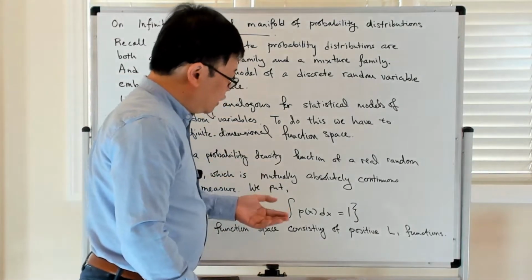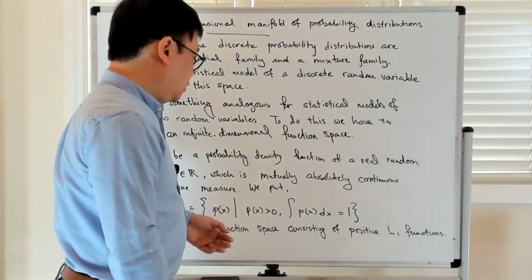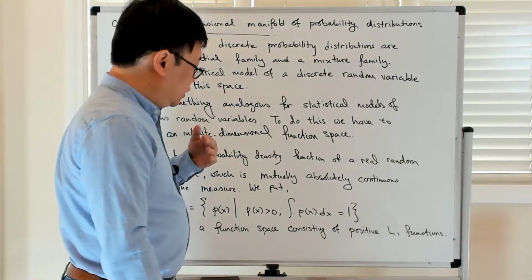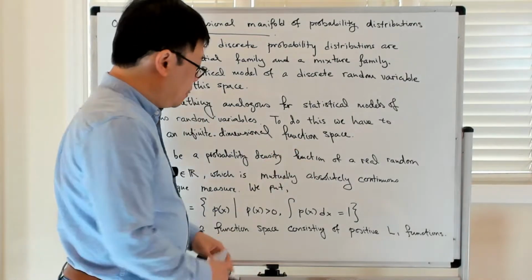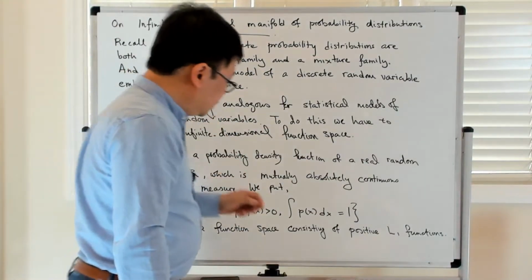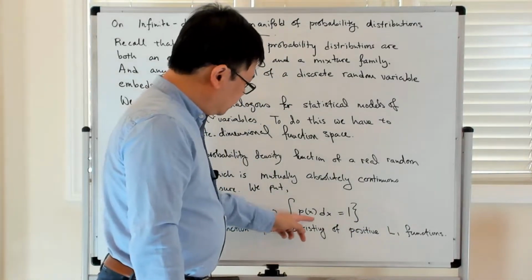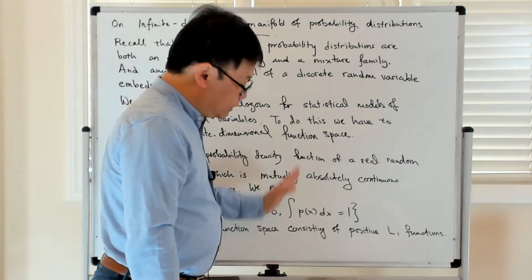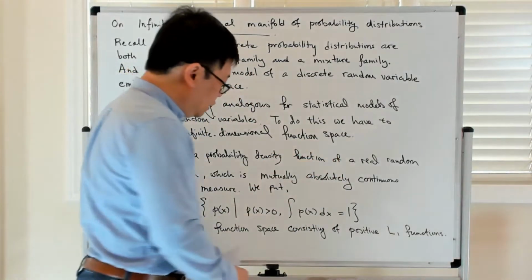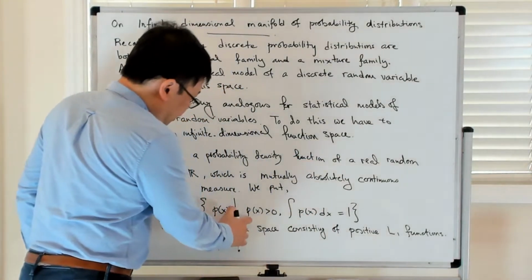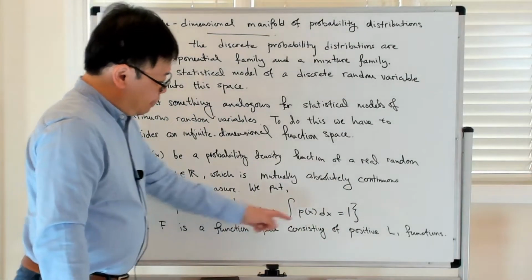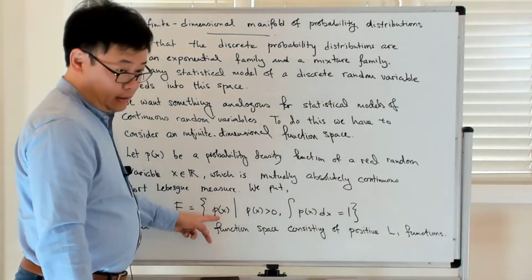In particular, one of the very common norms are what are called Lp norms, where you take the absolute value of the function, raise it to the p power, integrate it over the domain, and then take the p-th root of that object. So the L1 norm takes the absolute value of the function, raises it to the first power, integrates it, and then takes the 1st root of it. That reduces to this because p of x is greater than 0. So that really is, honest to goodness, the L1 norm of that probability density function.